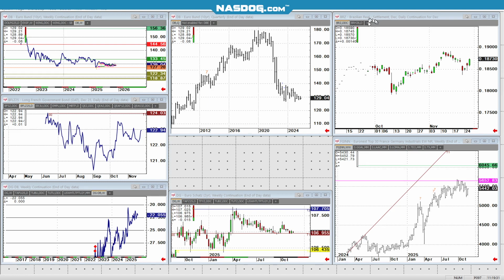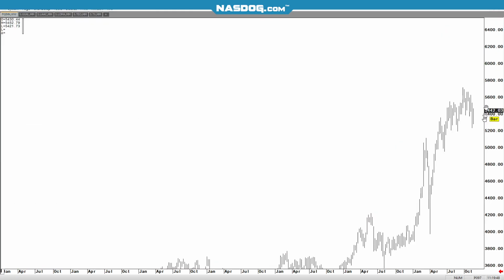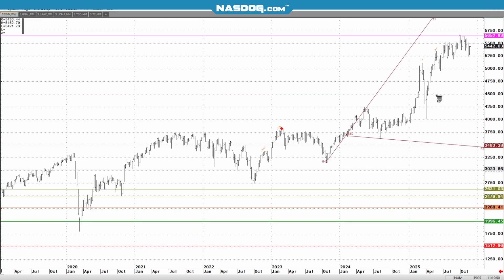Here's the Brazilian real. We're just looking at these things. This is just kind of macro. What's going on? Here, Euronext top 30, France. France, Germany industrials. I have no idea what this is. It's a chart. Where the hell do those come from?